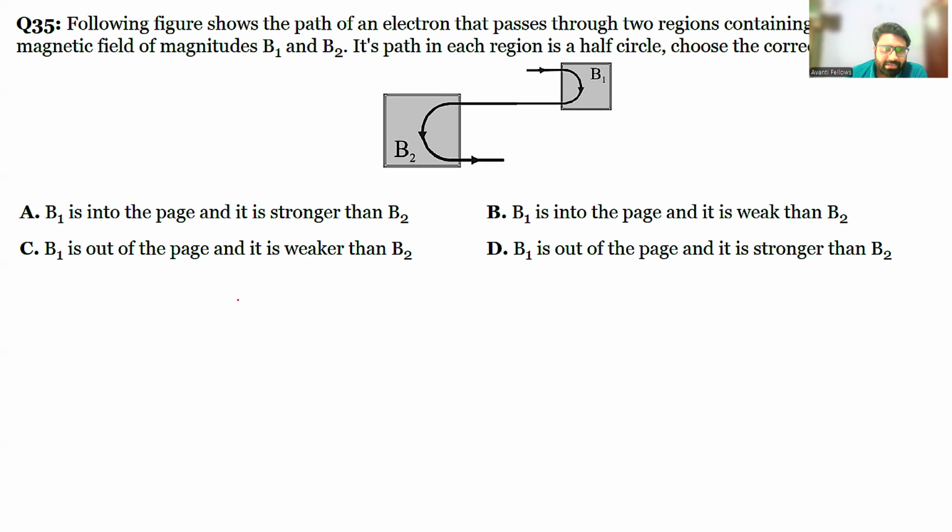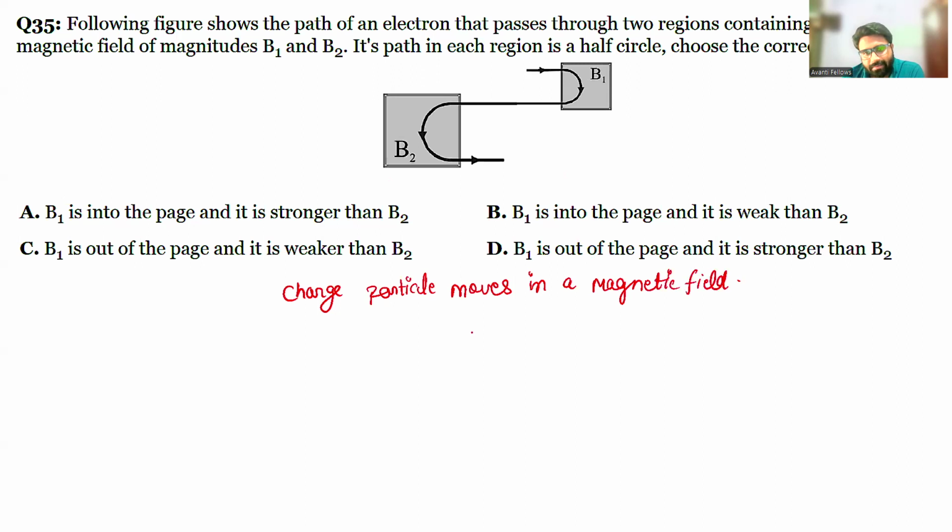So we know that when a charged particle moves in a magnetic field, the Lorentz force will be acting on it, and it will be given by QV cross B.